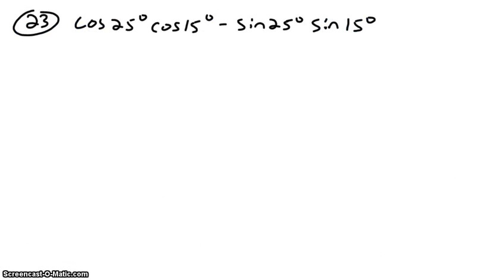Looking at our last problem, 23 for this video, we are seeing a sum or difference that has already been performed. And so really I could assign u to my 25 degrees and v to my 15 degrees. Notice that remains consistent in the second half of this formula.